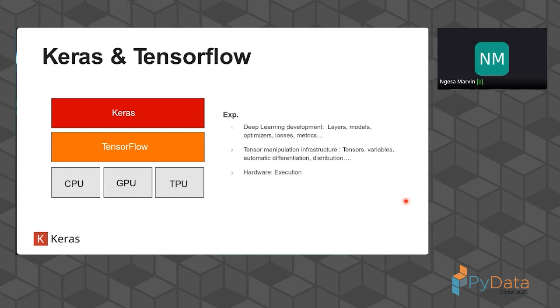But what happens in the background is that TensorFlow gives you an infrastructure that you can use to do tensor manipulations, or rather an infrastructure that can help you do automatic differentiation. On top of it, it can also give you GPU acceleration.